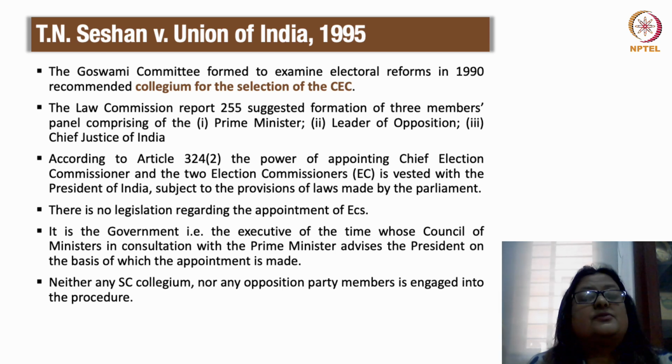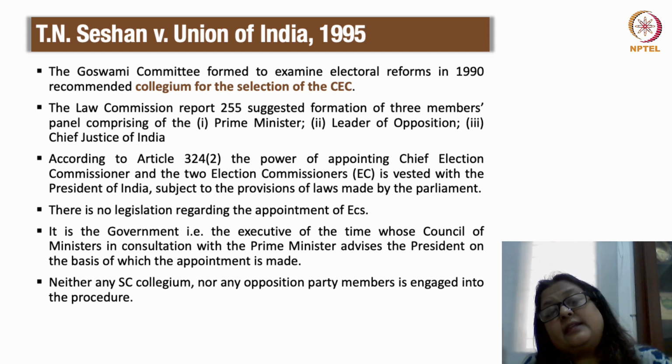The Law Commission report 255 also suggested formation of a 3 member panel comprising the CEC and other election commissioners. There also were many suggestions that a 3 member panel of the Chief Election Commissioner and the election commissioners should be made for the appointment of further election commissioners.